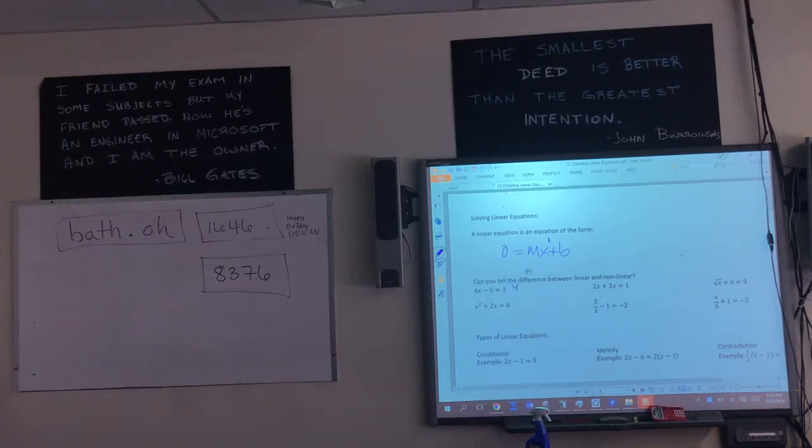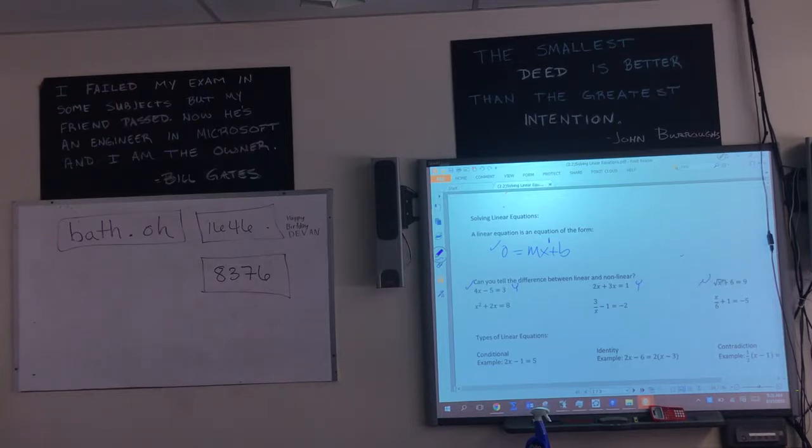The way we're going to determine this is, can this be transformed into that? And absolutely it can. Is this one linear? Yep. What about this one? That one is not linear.